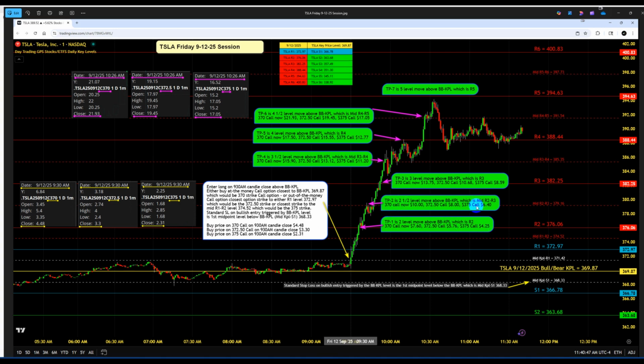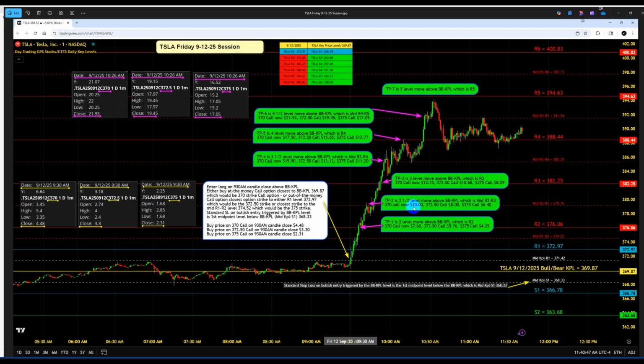When we get to the 2.5 level move, this is almost a triple on the 375 call. It's a little bit more than a double on this one, and just a little bit more than a double on the at the money.